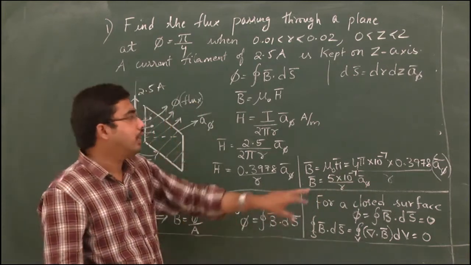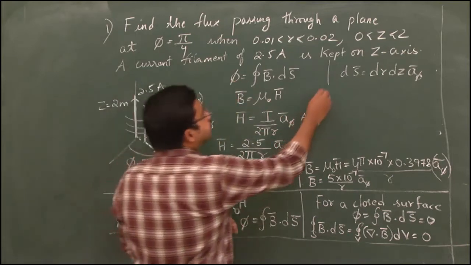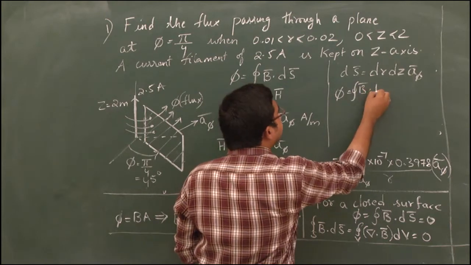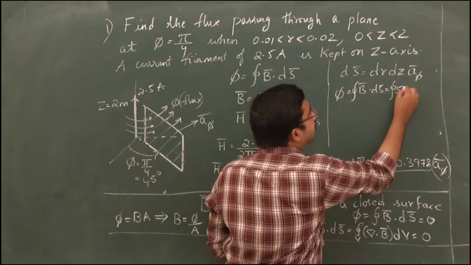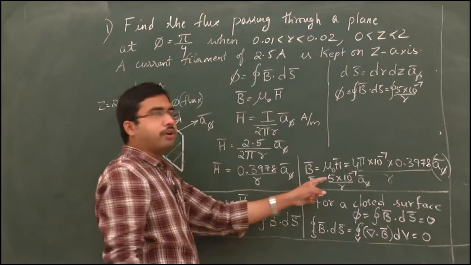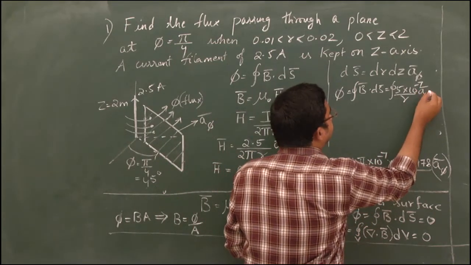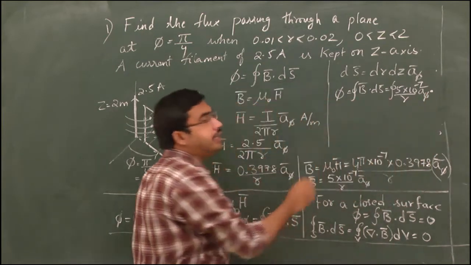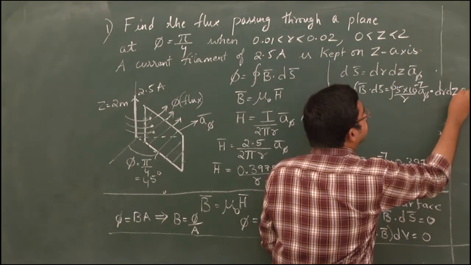Now substitute this B bar and ds bar in the equation for phi. Phi is equal to the integral of B bar dot ds bar. B bar is 5 into 10 power minus 7 by r into a phi, dot ds bar, which is dr dz a phi.